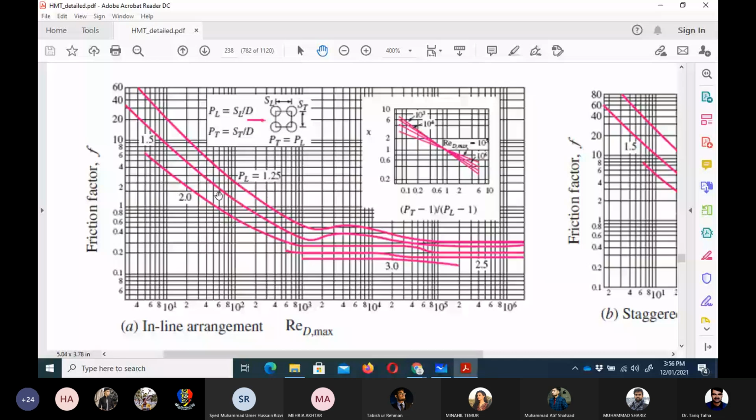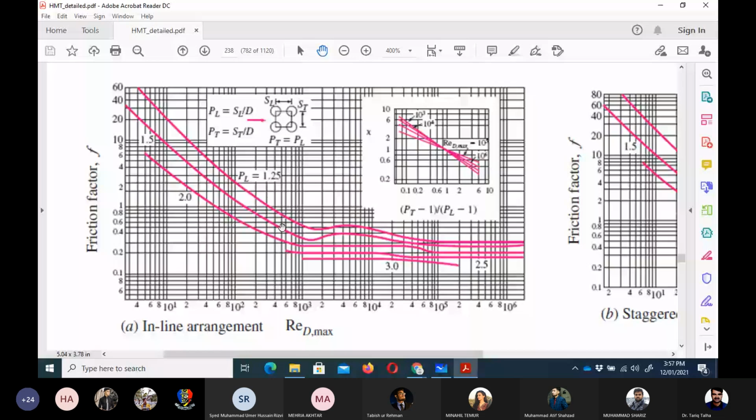Let's suppose we have a Reynolds number of 10,000 and PL equal to 1.25. Then we take a vertical line from here, see where it intersects with this PL line, and then we can read the value on the x-axis. It would give us the F value.